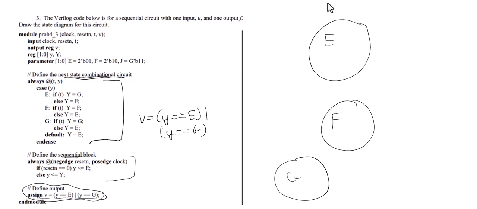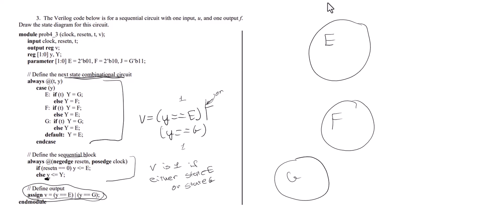What this means is if Y equals E, then this is 1, or, this is an or, if Y equals G, this is a 1. So V, our output, is 1 if either we're in state E or state G, because Y is our present state.